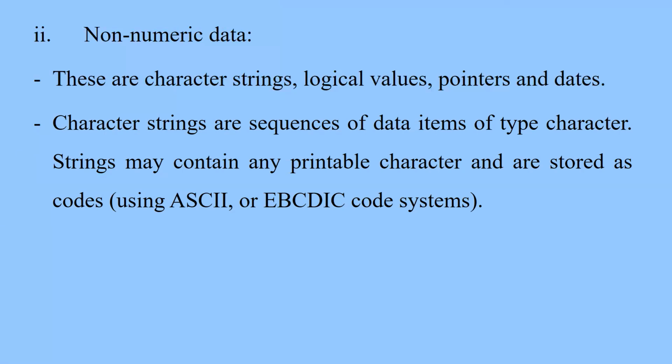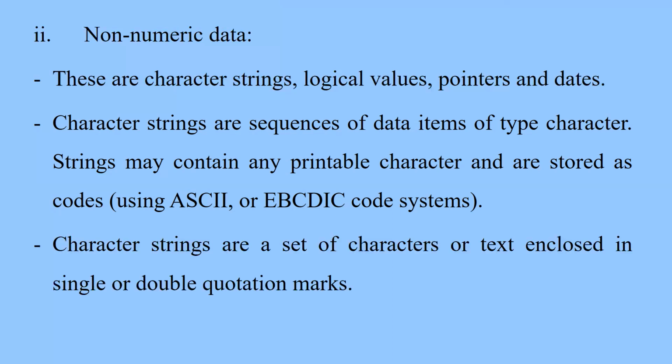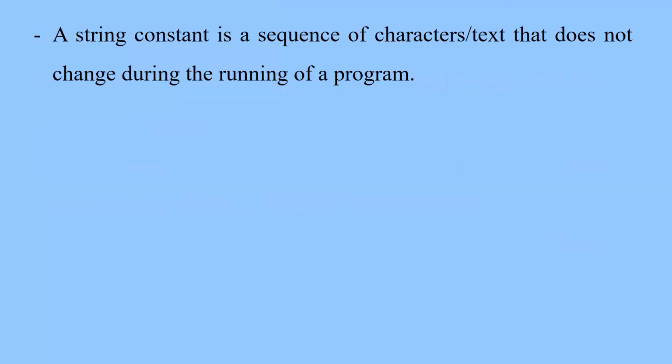So character strings are a set of characters or text enclosed in single or double quotation marks. A string constant is a sequence of characters or text that does not change during the running of the program. So if you have a certain piece of text that does not change, it remains the same, but it is used by the program at various points as you run the program.